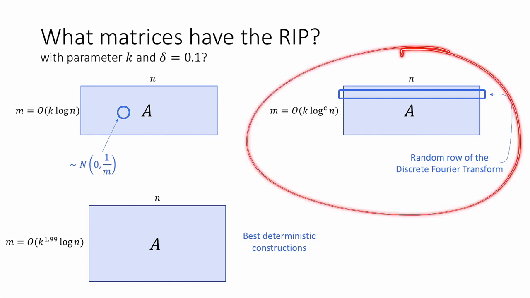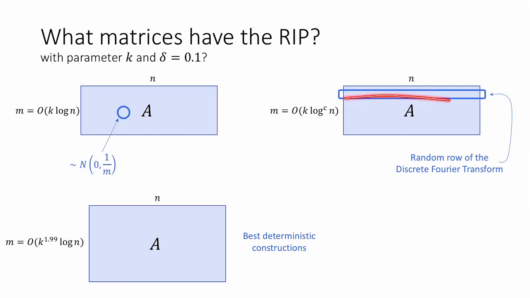Second, motivated by some of the examples we mentioned earlier, as well as other examples, suppose that A consists of random rows of a discrete Fourier transform. That is, every row here is some row from the DFT, and we just choose all the rows independently. Again, it's known that if m is a little bit bigger, big O of k polylog n, then this matrix is going to have the restricted isometry property with high probability.